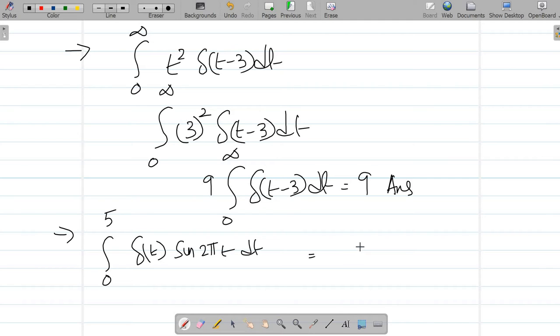All that I have to do is substitute for t. Here the t naught is 0. So if I substitute t naught, which is 0, into sine 2 pi t, the sine 2 pi into 0 gets evaluated to 0, and the entire integral becomes 0. So it's very simple, it's not very difficult.